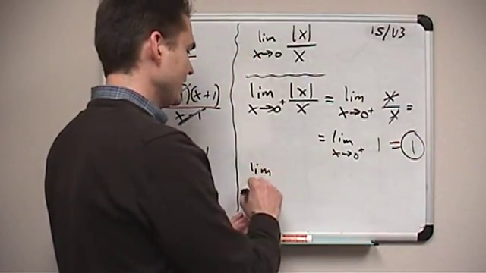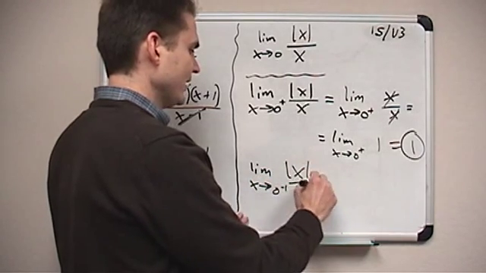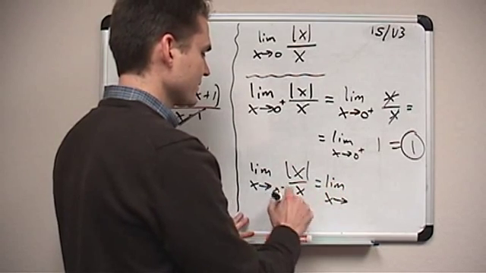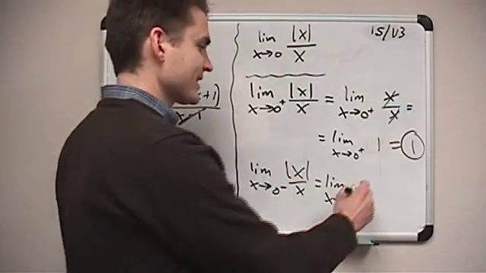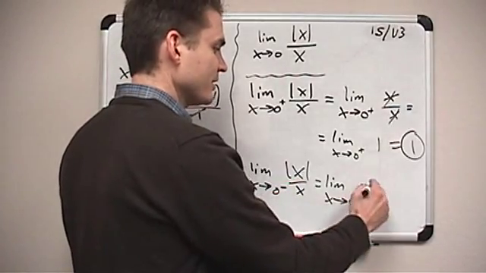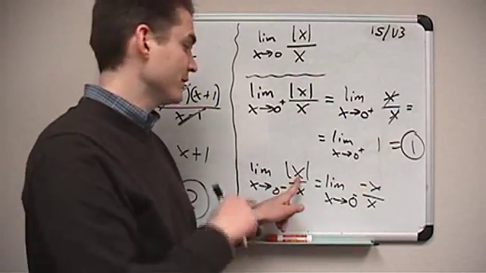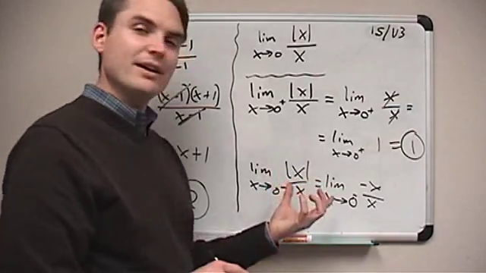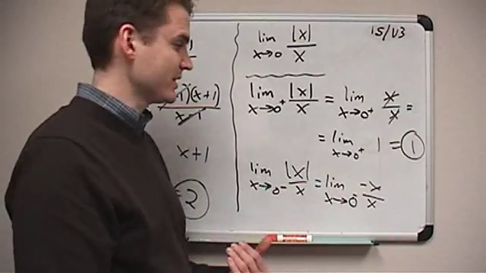If I look at just that left-sided limit, okay, well, what happens? What happens now is that the absolute value of x is just x multiplied by a minus sign. Okay? That sounds strange, but when you take the absolute value of a negative number, which is the only thing we're looking at now, the absolute value is really multiplying the number by another minus sign to make it positive.